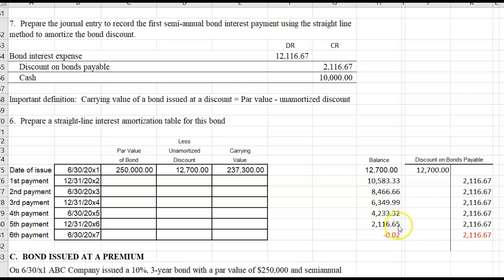So instead of this being a $2,116.67 credit in the last payment, we're going to make that $2,116.65, and it gets the balance down to zero. So every time we make a bond interest payment, we're going to reduce the amount of the discount on bonds payable until that gets down to zero.